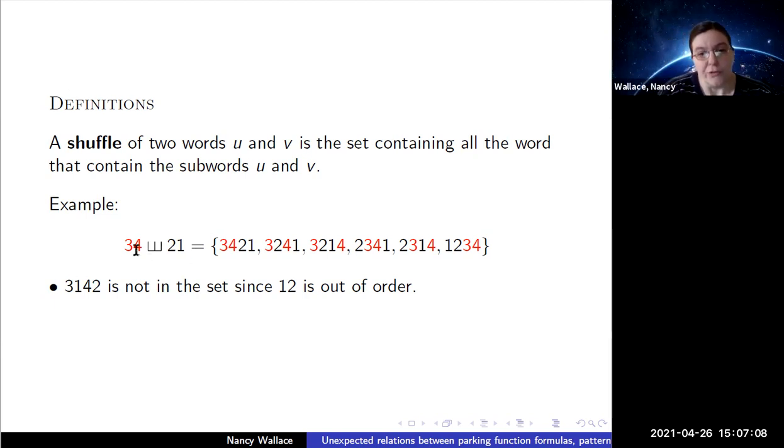For example, 3-4 shuffle 1 is the set of all of these permutations. And 3-1-4-2 is not in the set, since 1-2 is out of order, because it was supposed to be 2-1.